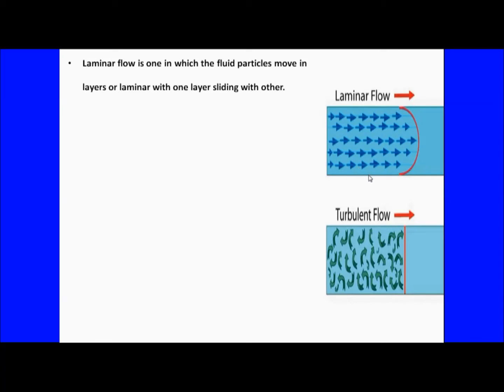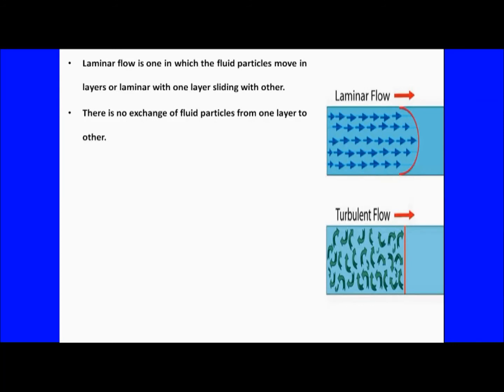This layer is directly in touch with the wall, right? It will have less motion because the wall is exerting an adhesive force on this layer. But this layer is quite free because it is far from the wall, so it will move fast. This is the way it moves.